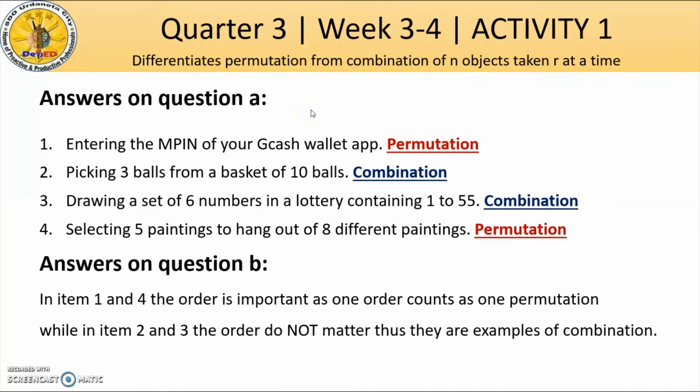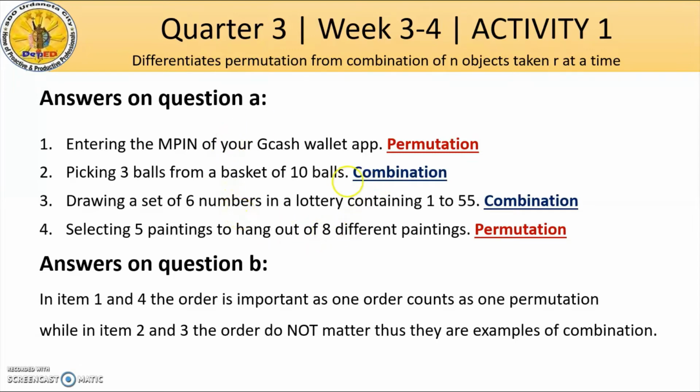Answers on question A. Number 1. Entering the MPIN of your GCash wallet app is a permutation. Number 2. Picking 3 balls from a basket of 10 balls is a combination. Number 3. Drawing a set of 6 numbers in a lottery containing 1 to 55 is also a combination. Number 4. Selecting 5 paintings to hang out of 8 different paintings is a permutation.